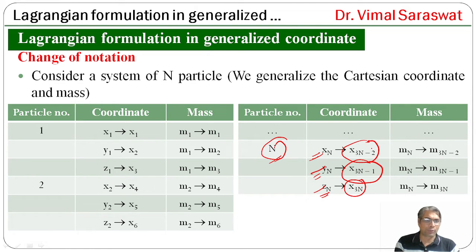The mass corresponding to x3n minus 2 is m3n minus 2, corresponding to x3n minus 1 is m3n minus 1, and the mass corresponding to x3n is m3n. In this way, we generalize the Cartesian coordinates and masses for a system of n particles.